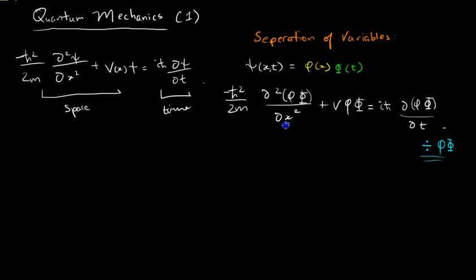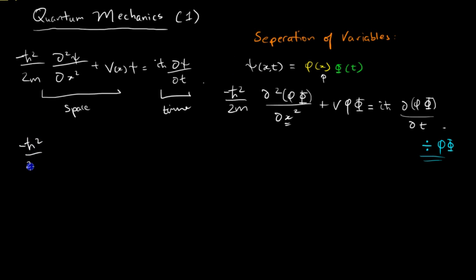This is only the derivative with respect to x, right? So which one of these is only with respect to x? Well, if you look here, we noted that lowercase phi is only with respect to x. So essentially we can pull the other one outside the derivative. So what are we left with?